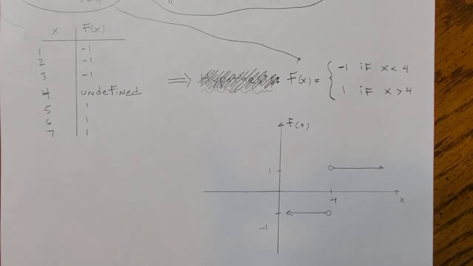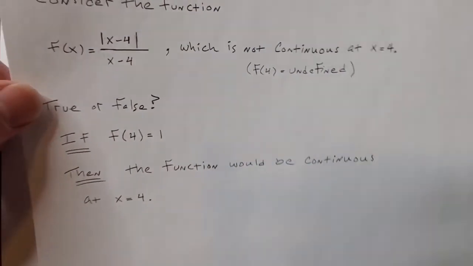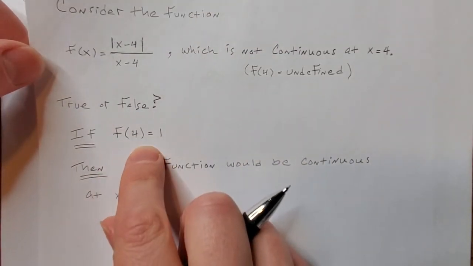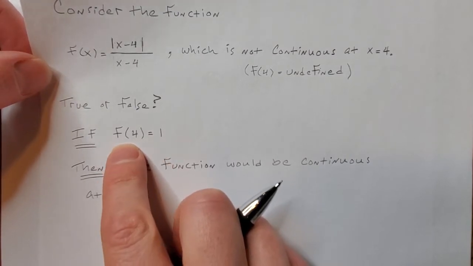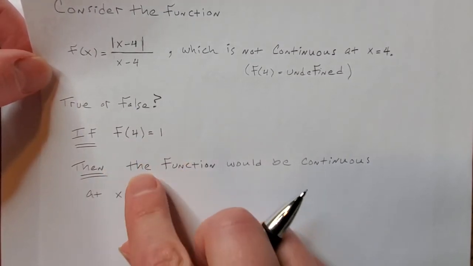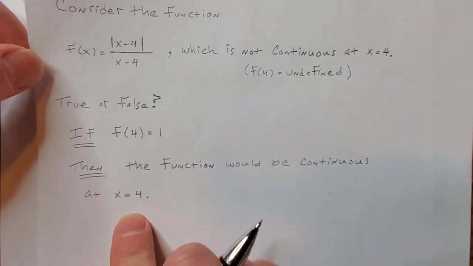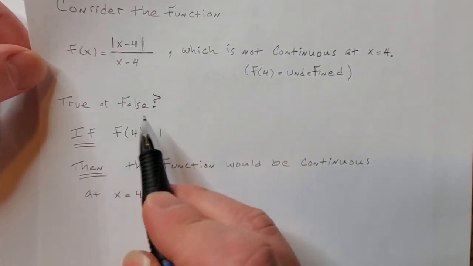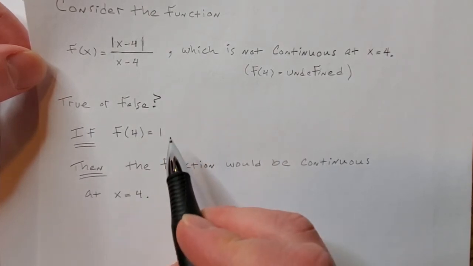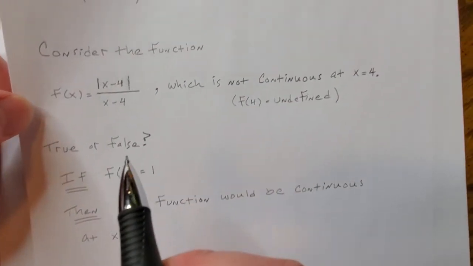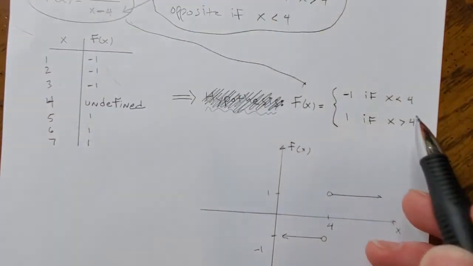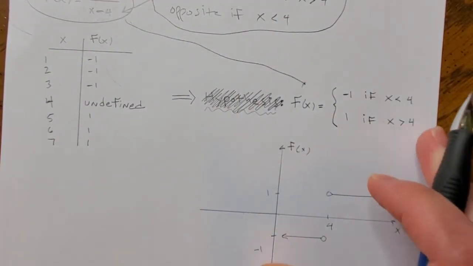Now, let's go back to the question, or remind ourselves of the question. True or false? If, for that function that I just showed you, if f of 4 was 1, the function would be continuous at 4. Is that true or false? Well, what would this change about that function? As it is, this function is undefined at 4.